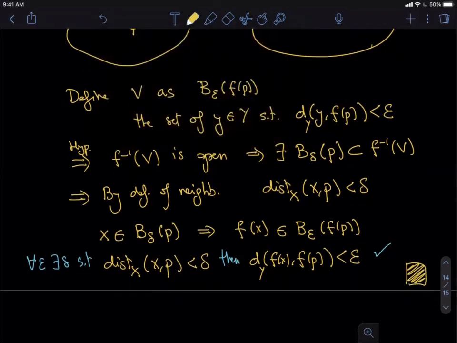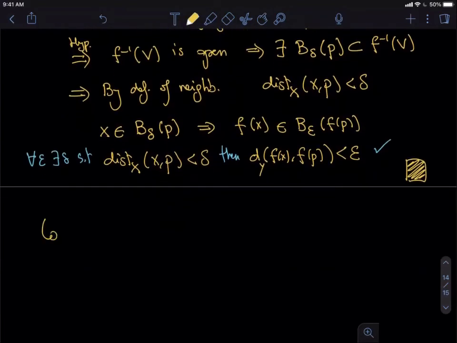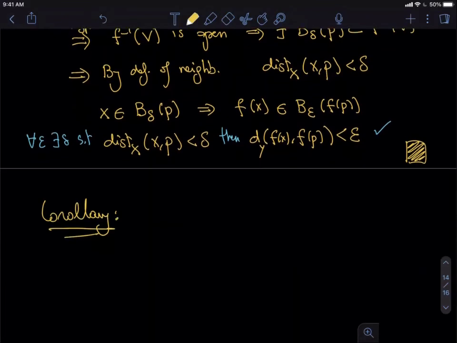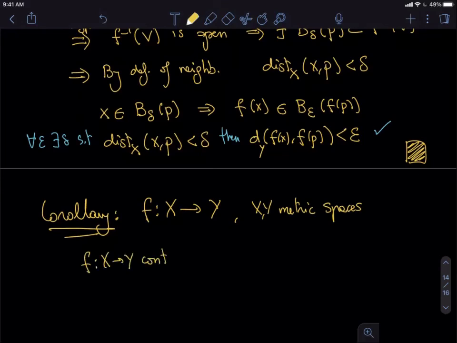There is a very useful corollary. This can be useful for the exercises. It says that if we have a mapping f from X to Y, X and Y metric spaces as usual, then f is continuous if and only if the inverse image of a closed set is closed.